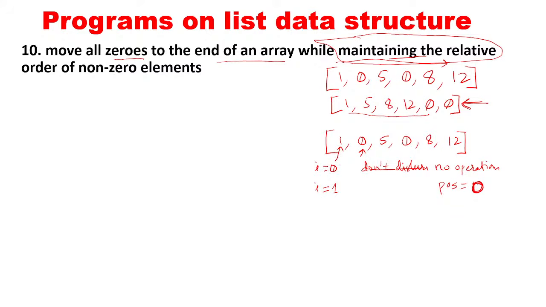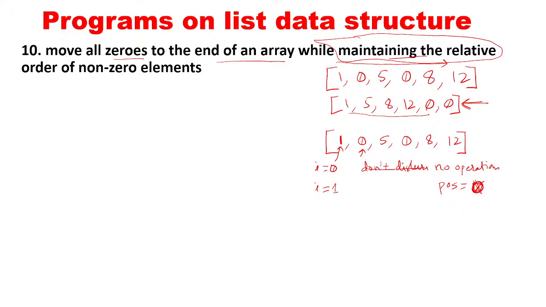If it is a non-zero element, then we should move to the next element. We don't do any operation here, simply we increment the I value.